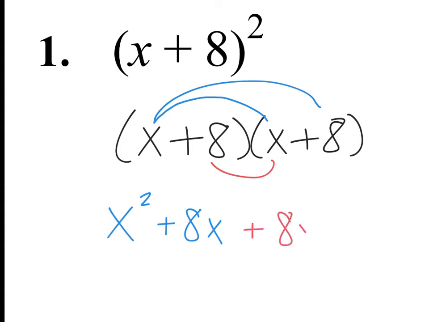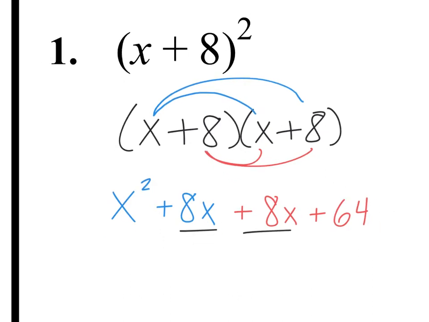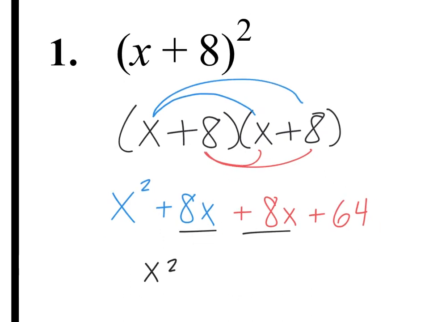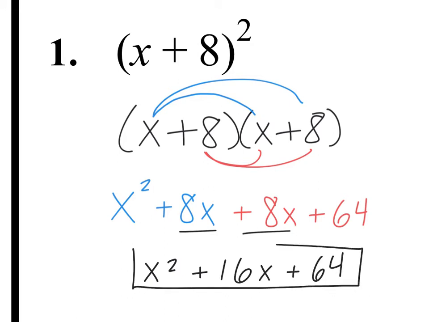And then 8 times 8, quick math, 64. You're not done, because again, you have to combine like terms here in the middle, which gives you your final answer of x squared plus 16x plus 64.